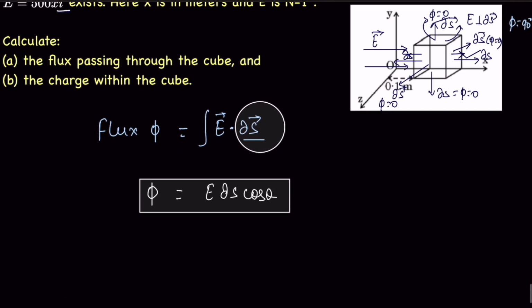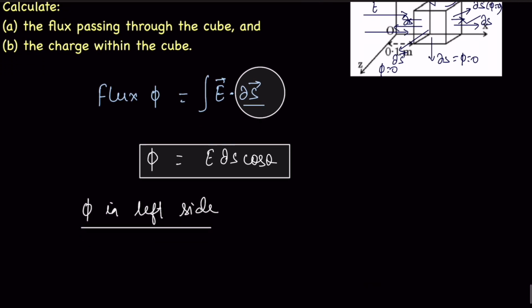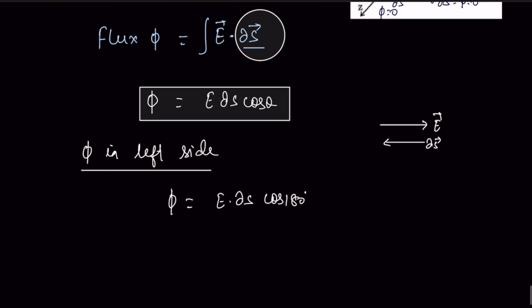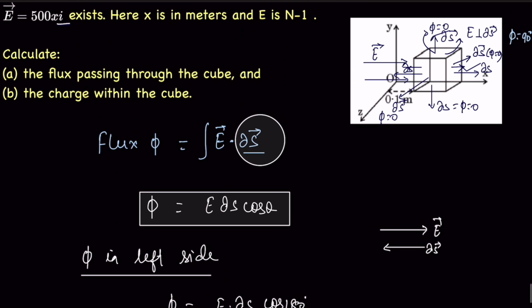So if we consider the electric flux on the left side, in this case, flux is equal to E dot ds cos 180 degrees, because the electric field is in this direction and the surface area in the opposite direction. So it will form cos 180. So flux is equal to minus E ds. Here E is given as 500x i cap.